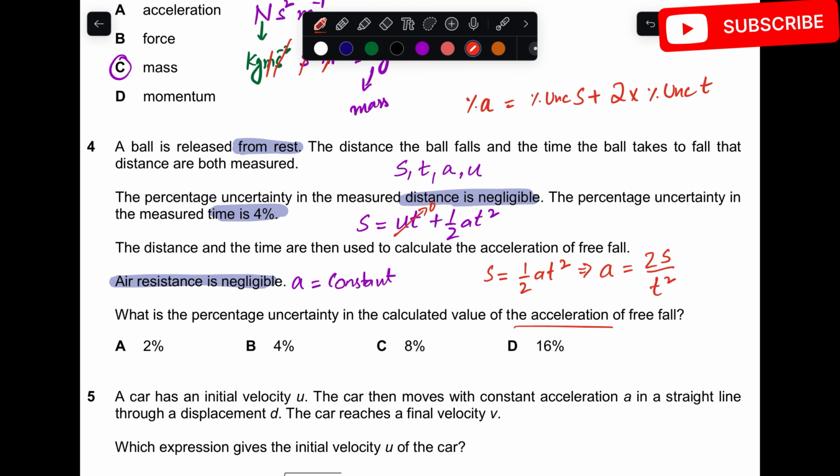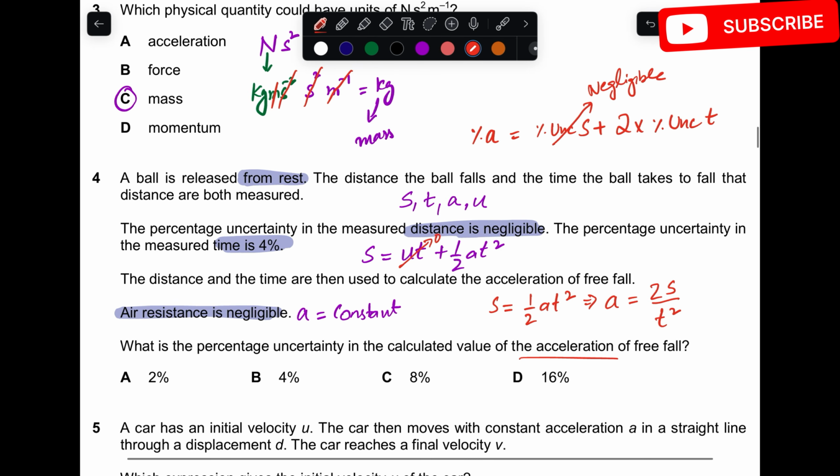Okay, as given, the uncertainty in distance is negligible. It is given in the question, this condition. And the uncertainty of the time is 4%, so it will give you 8% total uncertainty. So it's option C that is correct.